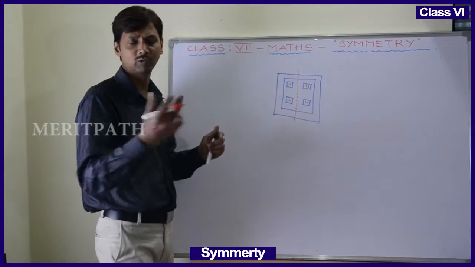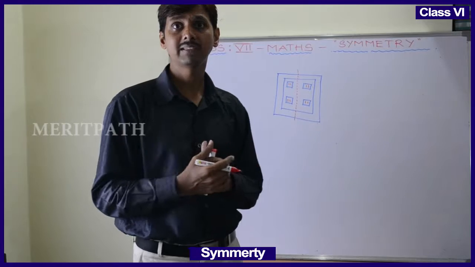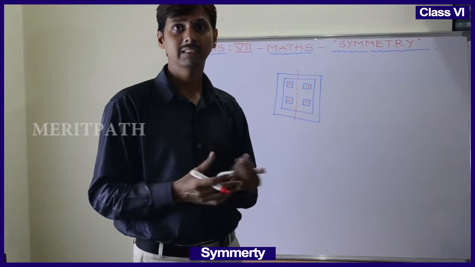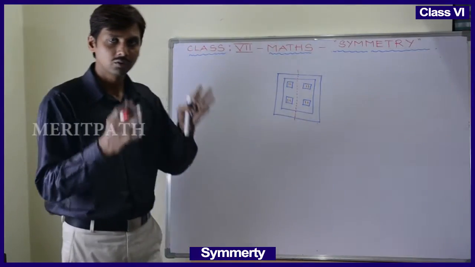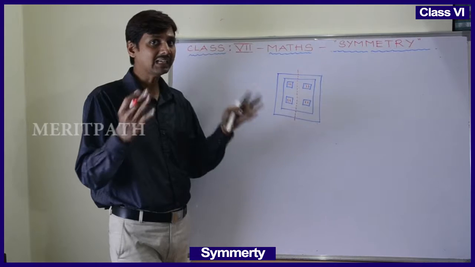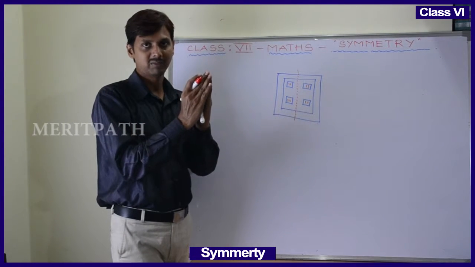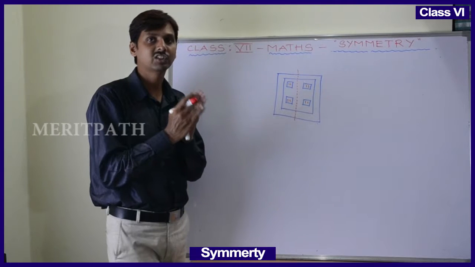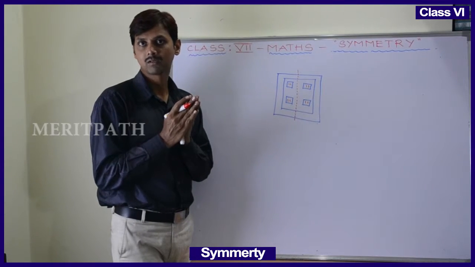And we have taken a picture, for example, the Taj Mahal. If we take a picture of the Taj Mahal and divide it into two parts along a particular line, and it is divided into two equal parts, and we fold that picture and they coincide with each other, this is called line symmetry.